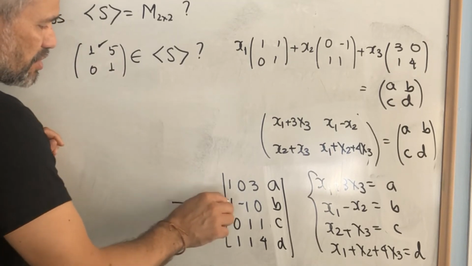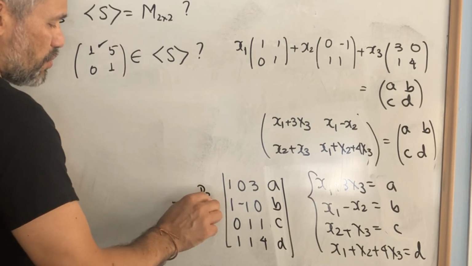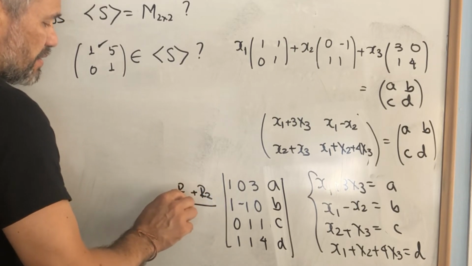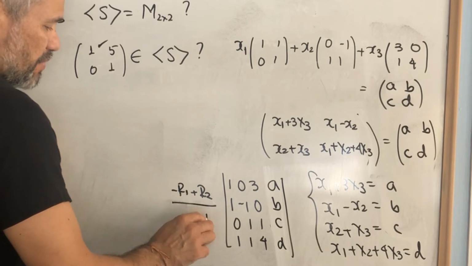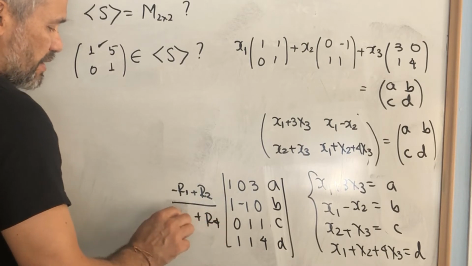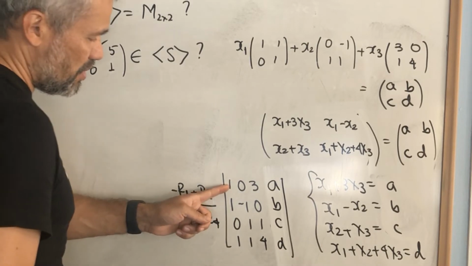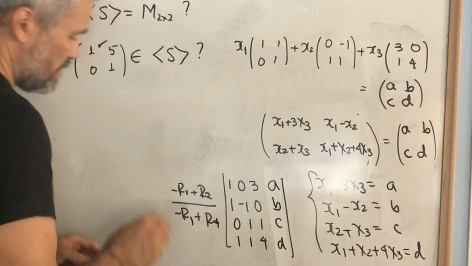Let me change row 2 by adding negative row 1, and let me change row 4 by adding negative row 1. Let's use this pivot to put zeros here and there.